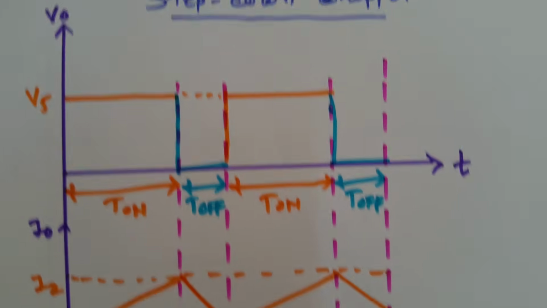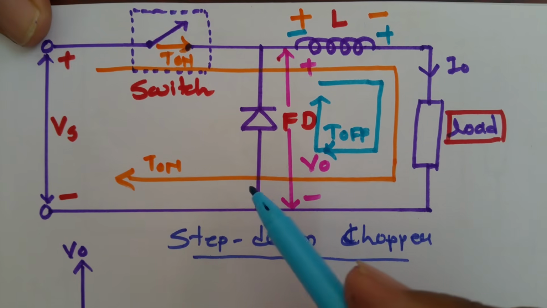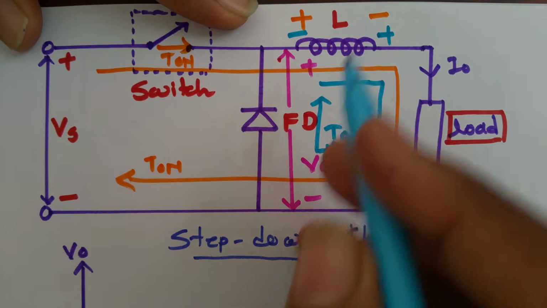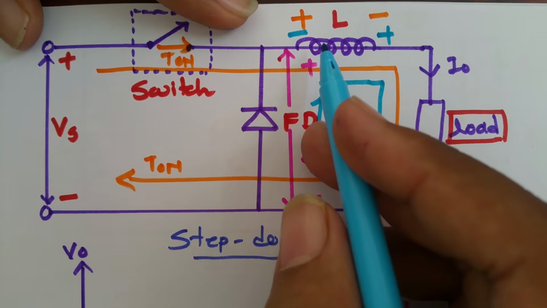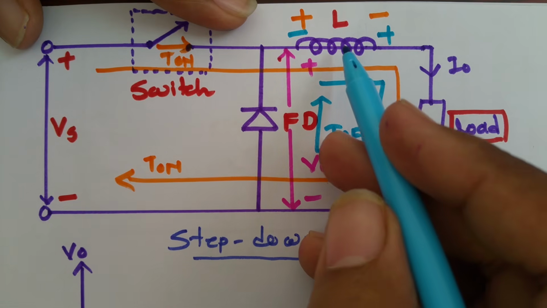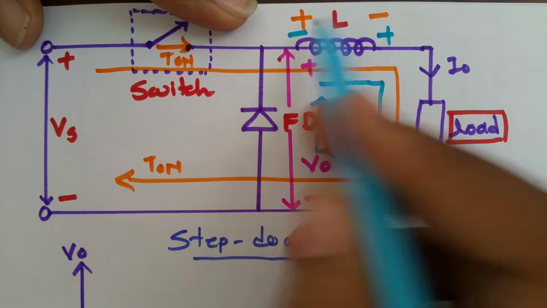So this is the step down chopper, in which when this switch is on, current will flow in this loop, and the inductor will energize, and the current passing through the inductor will increase, and the polarity will be this, plus minus.